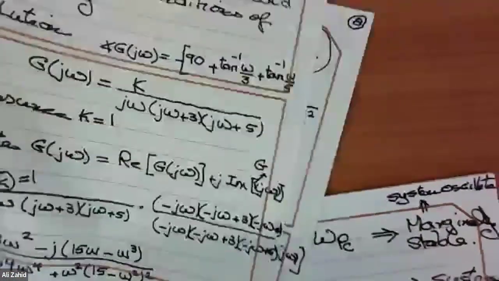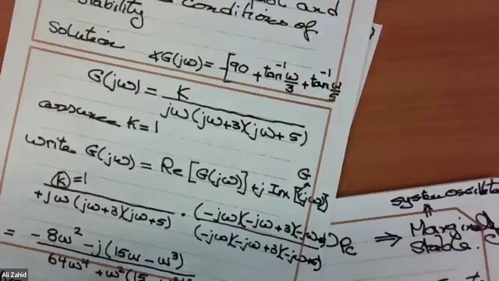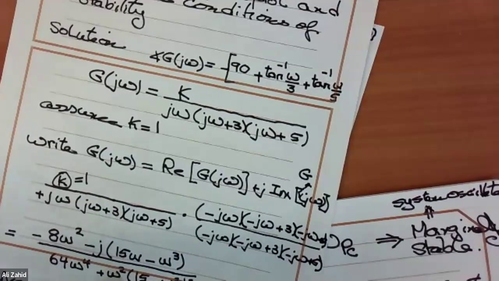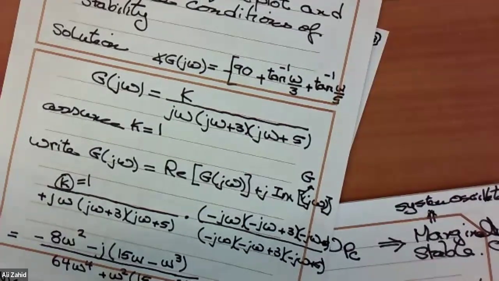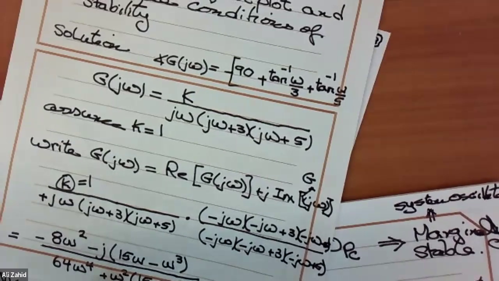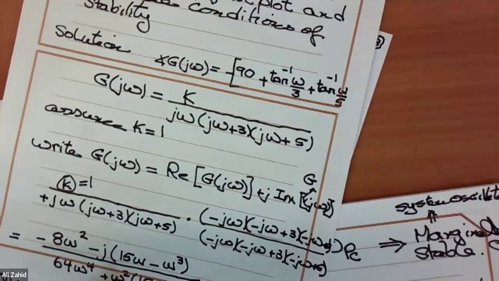Let me write it down. You find it by plugging omega GC in the phase equation, which is what?